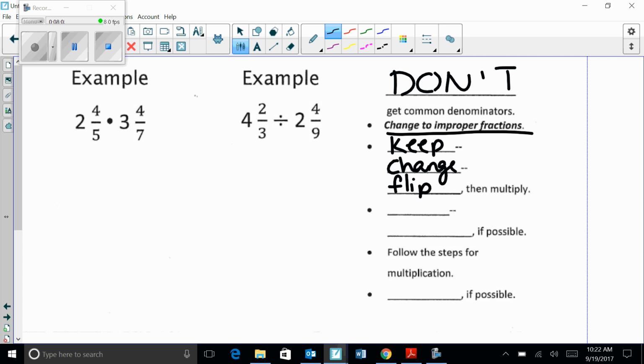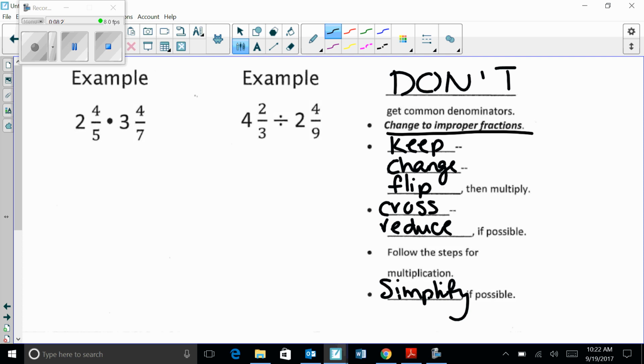Then we're going to multiply. You still want to cross reduce if possible. And then you're going to follow the rest of the steps, which is multiply the numerators together, multiply the denominators together, and then you are going to simplify if possible.